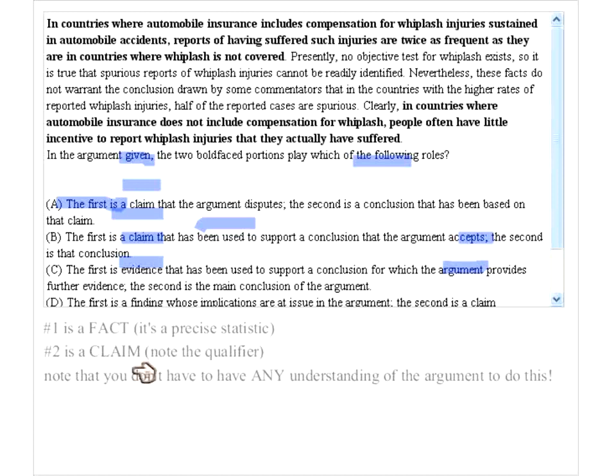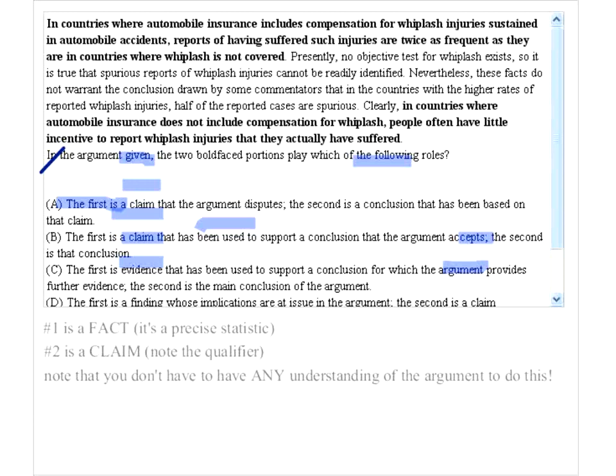Well, let's take a look. Number 1 is a fact. Claim, wrong. Claim, wrong. Evidence is fact, so that's fine. Findings are fact, so that's fine. Findings are fact, so that's fine. So based on this rather humble observation, we've already eliminated 2 choices.